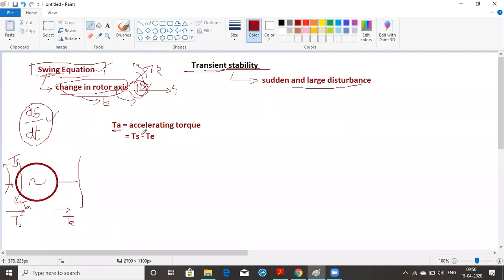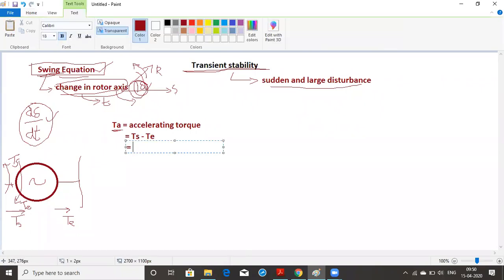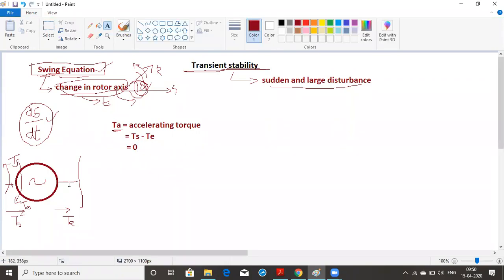Obviously, if there is no disturbance, this torque will be equal to 0, because the amount of shaft torque is equal to the amount of electrical torque. That means it is neither going to accelerate nor decelerate; it is working under the equilibrium condition.